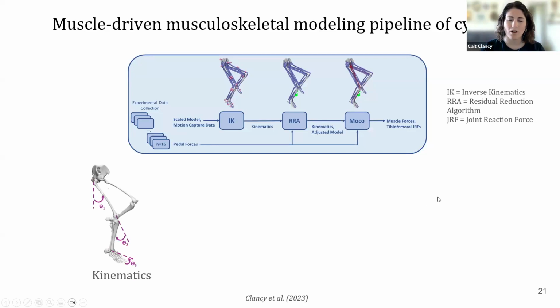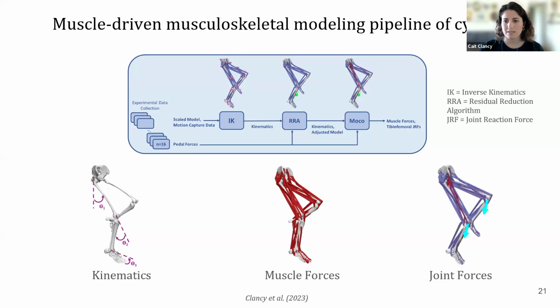Next, we used RRA, the residual reduction algorithm, in order to minimize the dynamic inconsistency between the kinematics and the kinetics. From this, we get an adjusted model and adjusted kinematics, and we use that as input to OpenSim Moco, the direct collocation optimization method, from which we estimate muscle forces and joint forces.